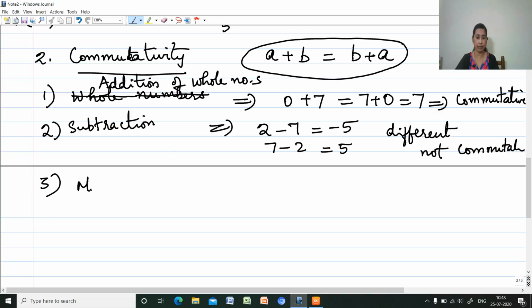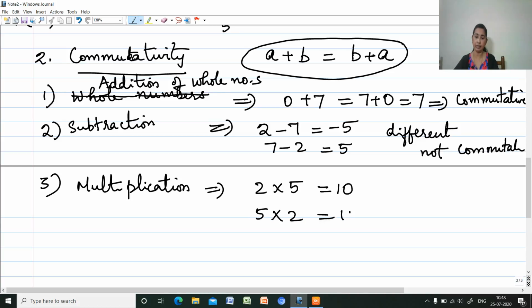Third one, multiplication. In the case of multiplication, consider two whole numbers, let it be 2 and 5. If I am multiplying 2 and 5, we get 10. If I am multiplying 5 and 2, again we get 10. That means A into B is the same as B into A. So in the case of multiplication also, it is commutative.